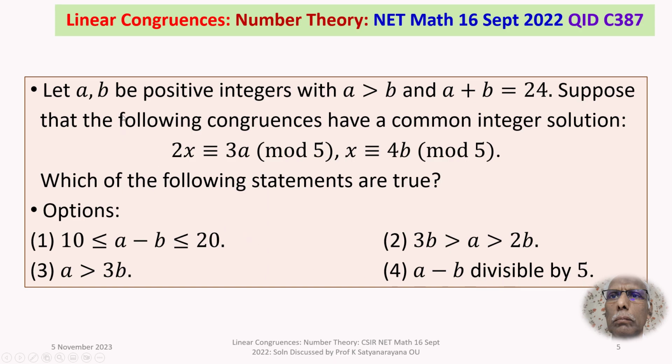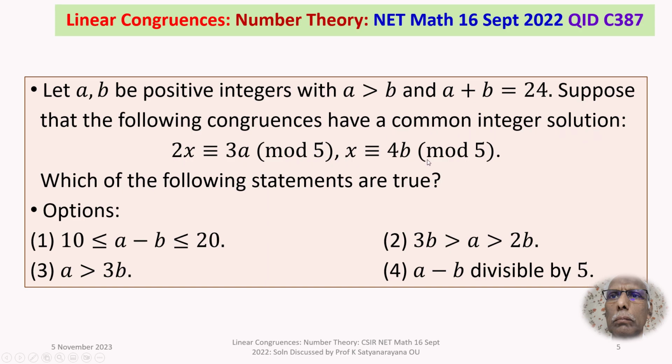We have two positive integers a and b with the properties a is greater than b and a plus b is equal to 24. We are given two congruences, and it is given these two congruences have a common integer solution.